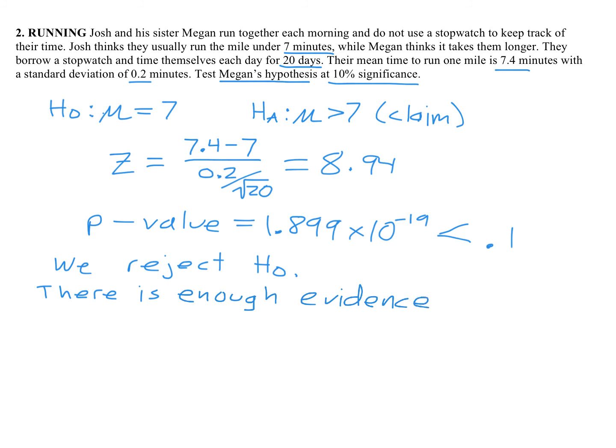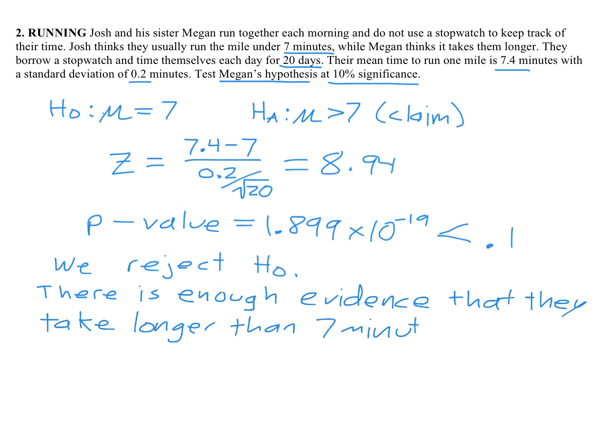So we're going to say HA, which is mu is greater than 7, but we're going to put that in context. So there is enough evidence that they take longer than 7 minutes to run the mile.